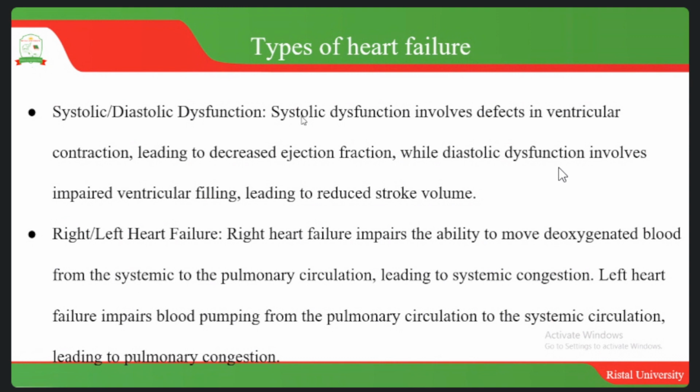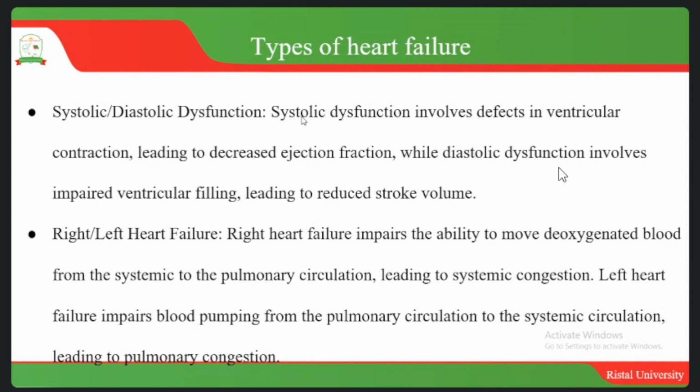So when you look at this kind of heart failure, it is talking about the functions of the different chambers of the heart, the left and the right. When you look at the right heart failure, the right having the right ventricle, its purpose is to receive the deoxygenated blood sent from the different parts of the body, which is supposed to be sent to the pulmonary circulation, to the lungs, to be oxygenated.